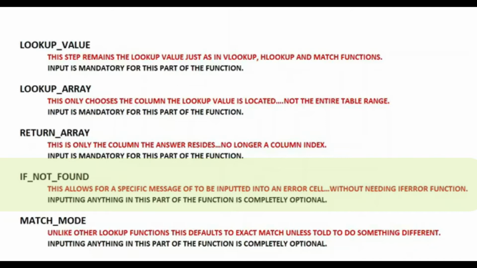So if you want to put the word oops or research or error, you just type that into that box, and that's what will come back if an error is found. Match mode. Unlike traditional lookup functions, the match mode automatically defaults to an exact match. So that makes this box actually optional, just like the if not found.